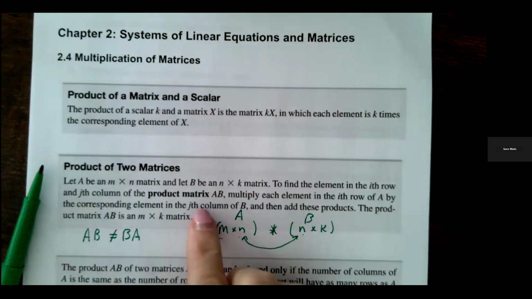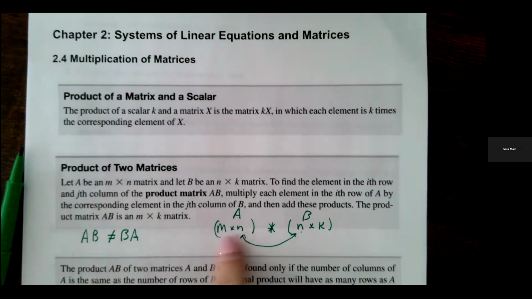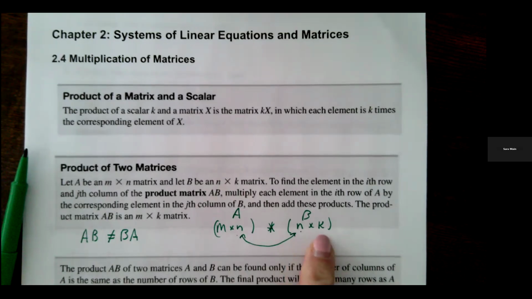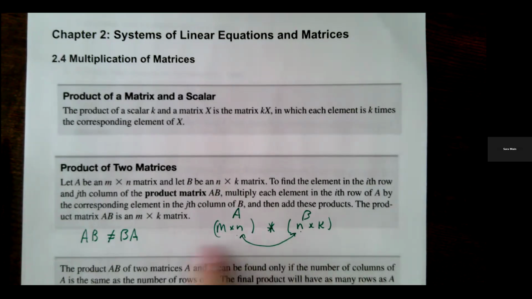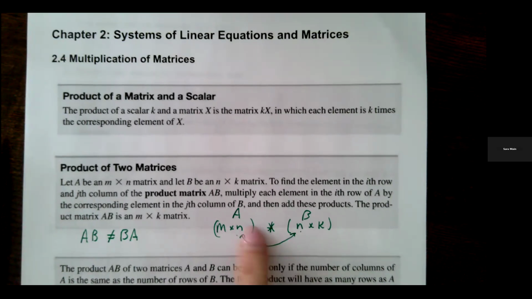If we have a matrix A that is M times N, and matrix B, which is N times K, to find the element in the ith row and jth column of the product AB, multiply each element in the ith row of A by the corresponding element in the jth column of B, and then add these products together. So we have to make sure that the columns of A are the same as the rows of B.